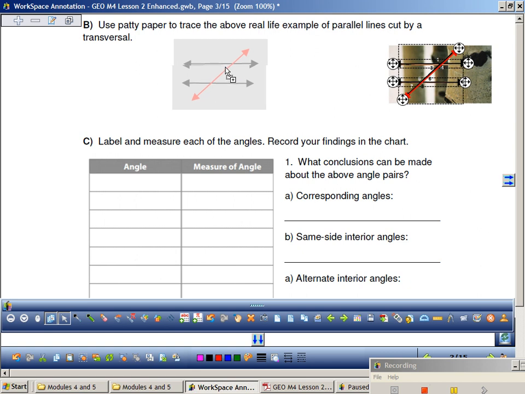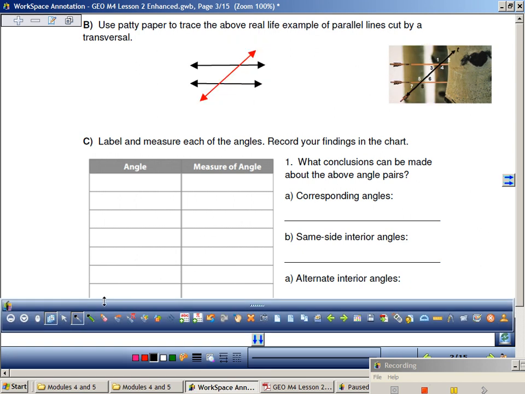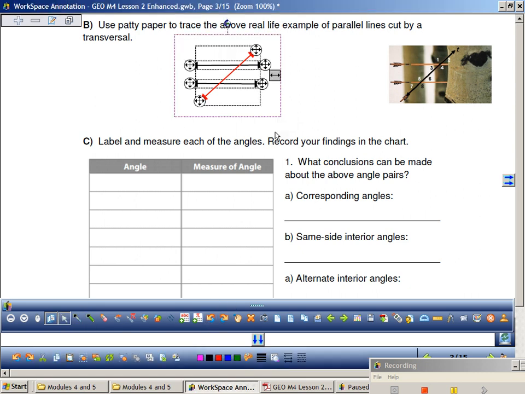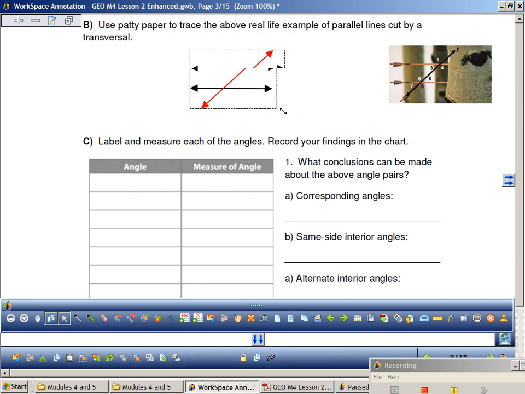Grab all that. We're going to label it. So I've got 1 and 2. Let's make this bigger. Take these, put them together, make it bigger.